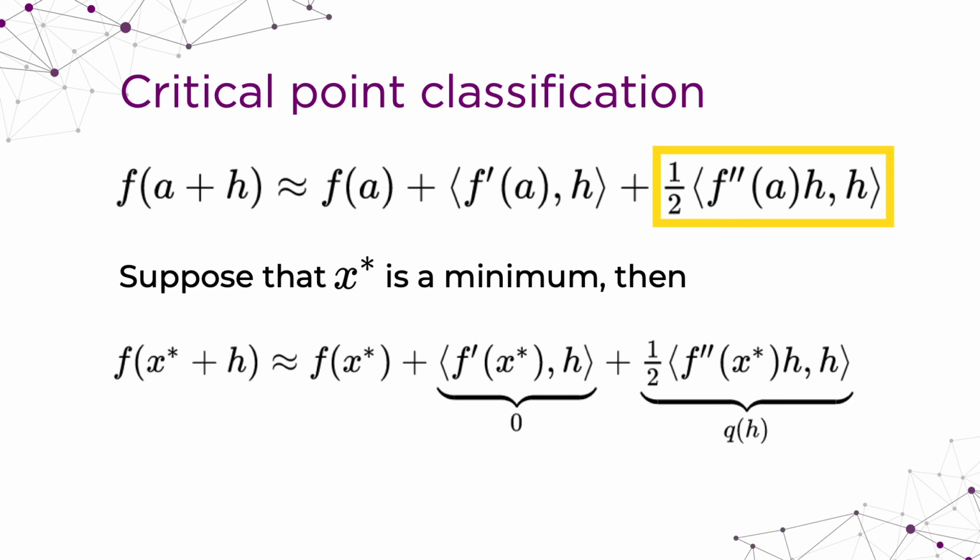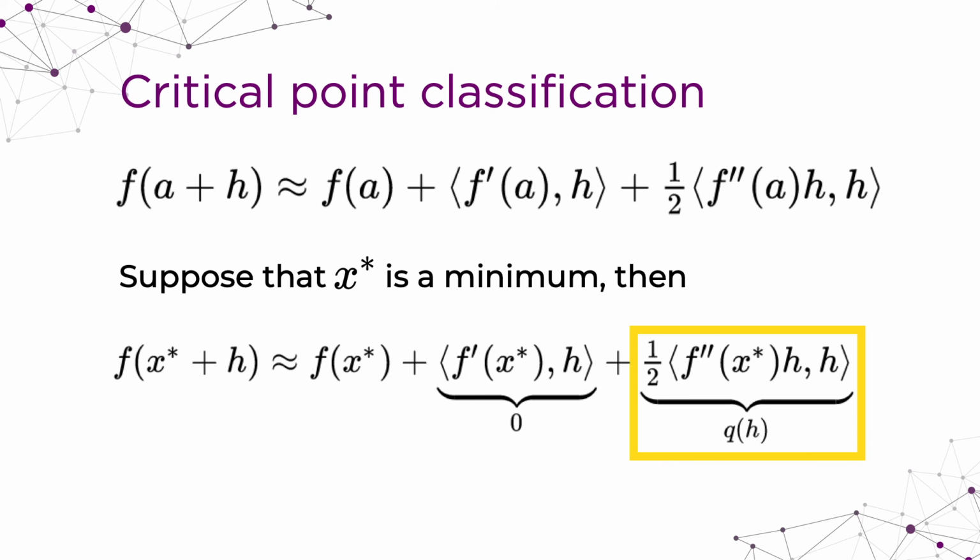And we'll see how this matrix is organized. And so we are doing another kind of approximation of our function. We'll see what it is. And we're using this term. So I multiply my matrix with a vector, and I take the scalar product of the resulting vector with h. And we will denote this function as q of h here.